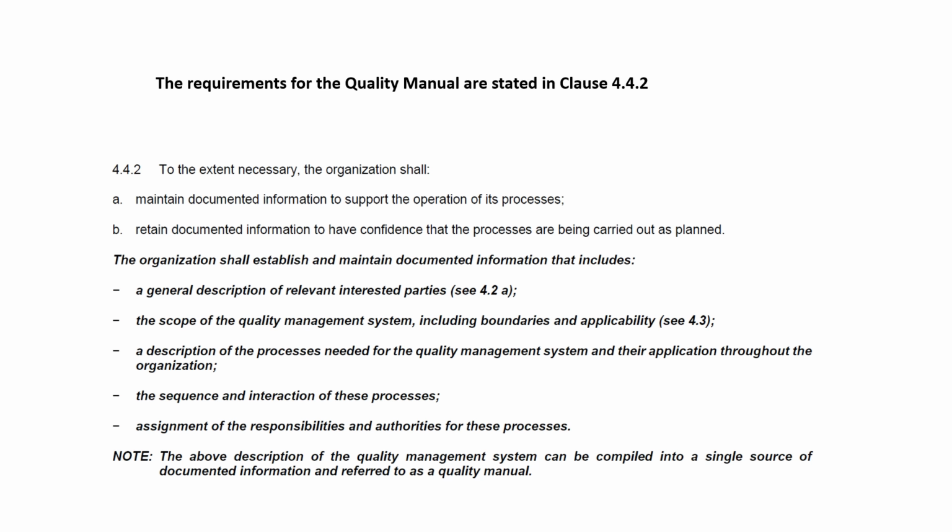A description of the processes needed for the quality management system and their application throughout the organization. 4. The sequence and interaction of these processes. 5. Assignment of the responsibilities and authorities for these processes. Note: the above description of the quality management system can be compiled into a single source of documented information and referred to as a quality manual.